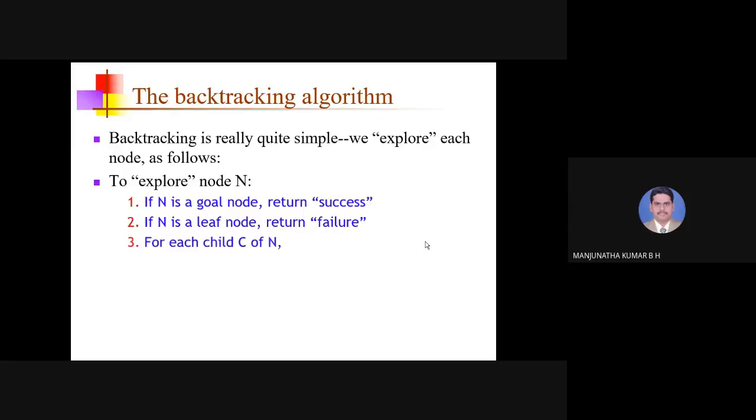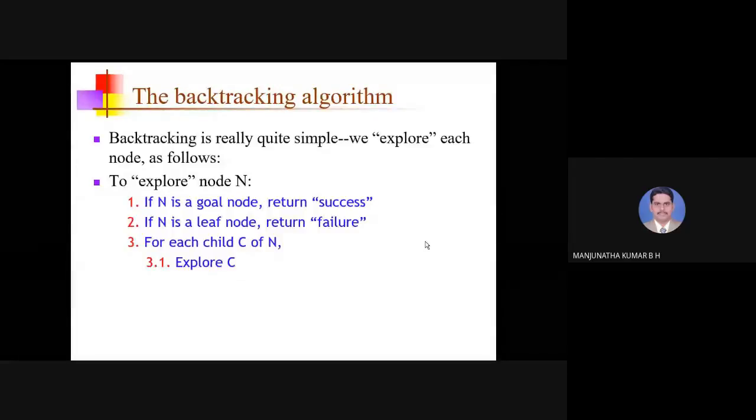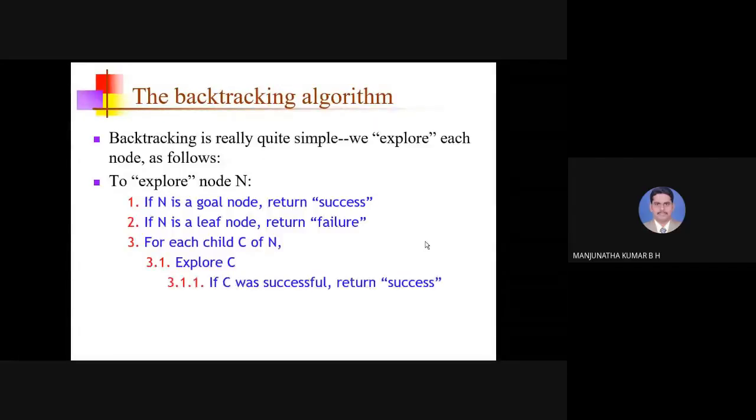Now, for each child c of n: if there are more decisions or choices to take on node n, each and every decision will be a child node. For each child c of n, explore the child node again. If c was successful, return success.